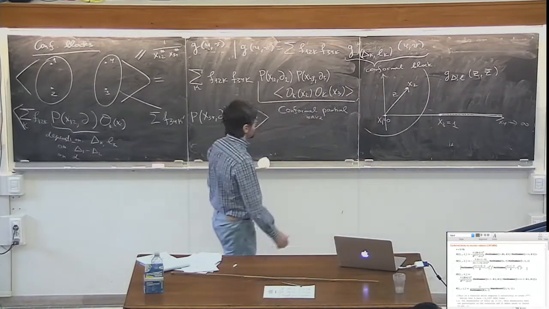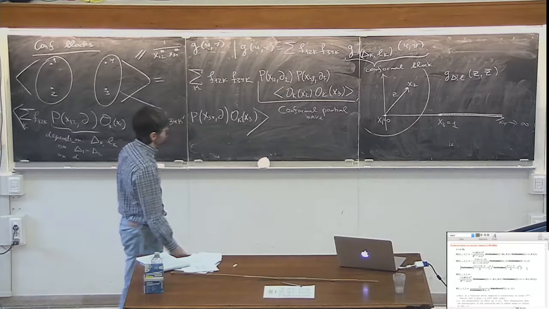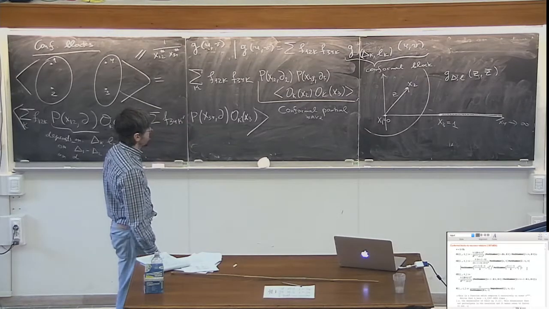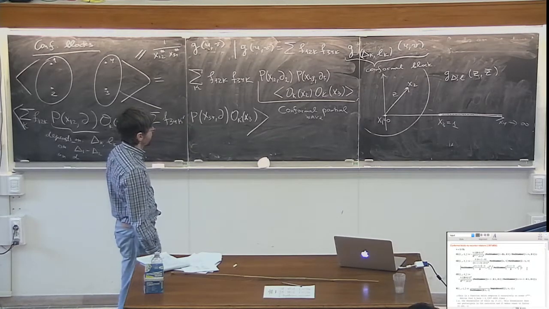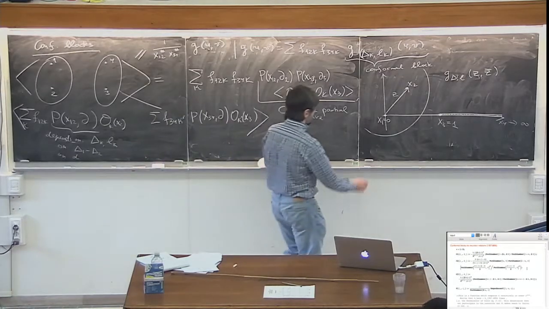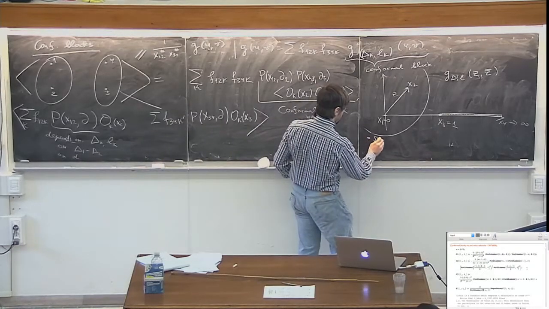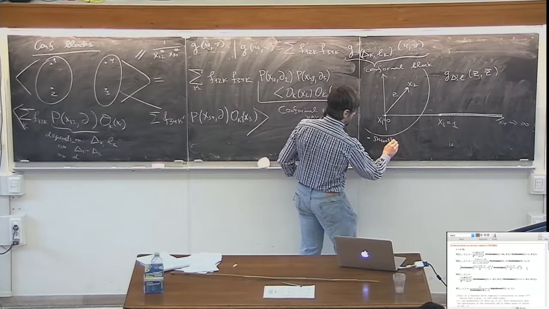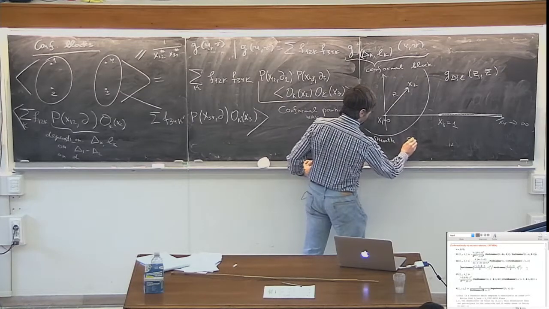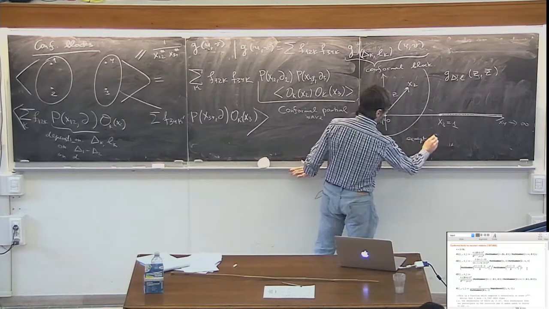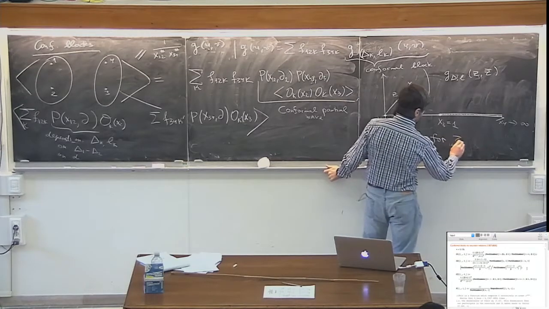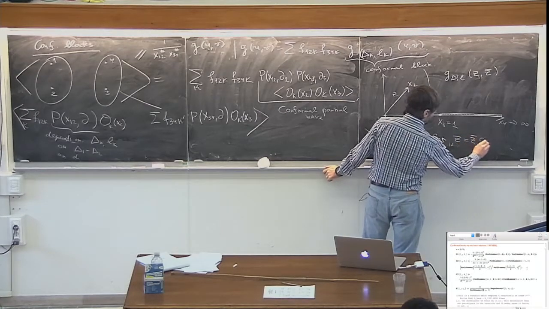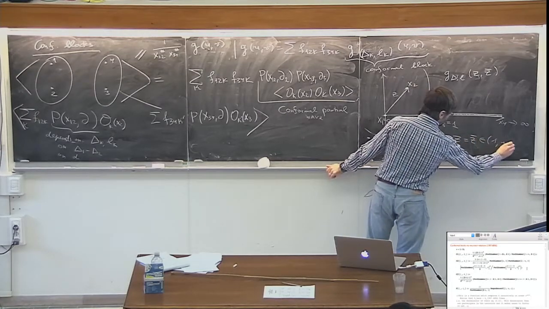So this explains the singularity structure. So smooth except for z equals z bar belonging to the range from 1 to plus infinity.